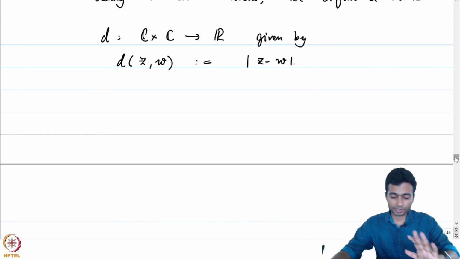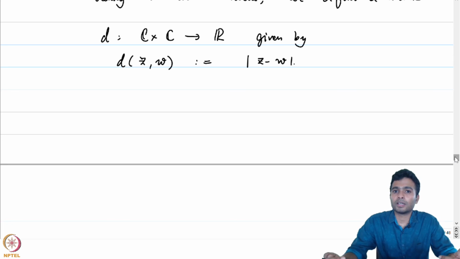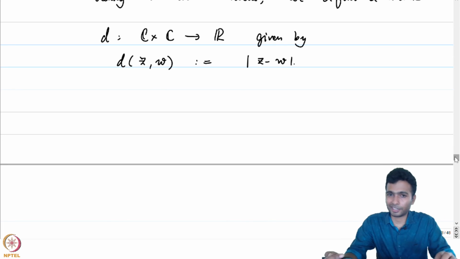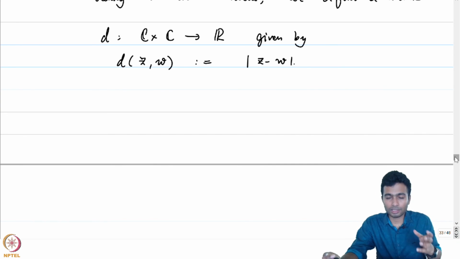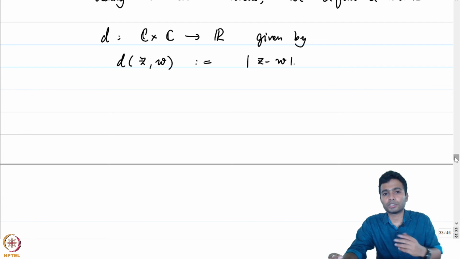I'll leave it as an exercise for you to check that this indeed coincides with the metric on R2 which we get using the standard inner product on R2. That's the metric with which we have studied all the real analysis on R2. And therefore, the topology that we will be looking at on C coincides with the usual topology on R2 which we are familiar with.